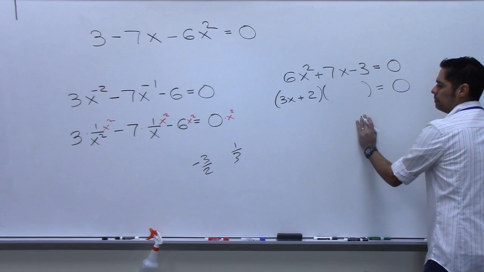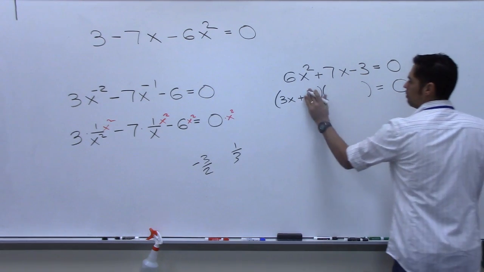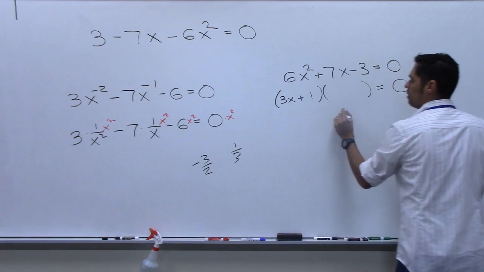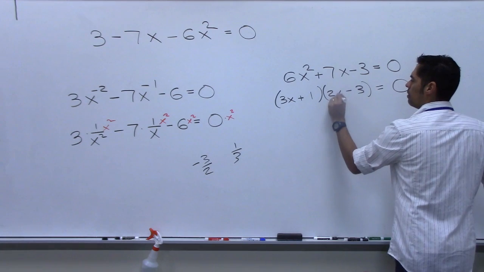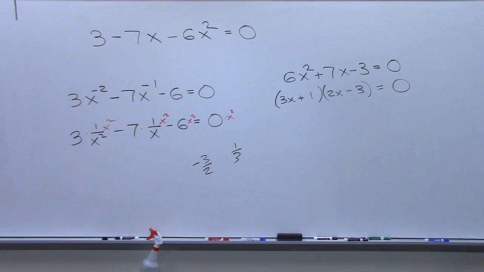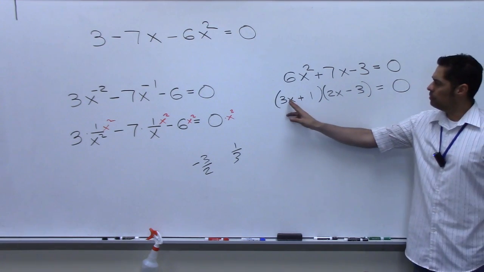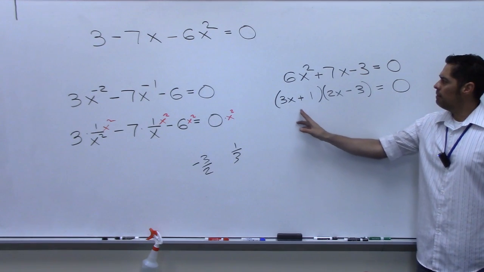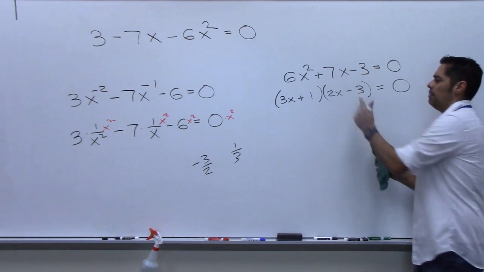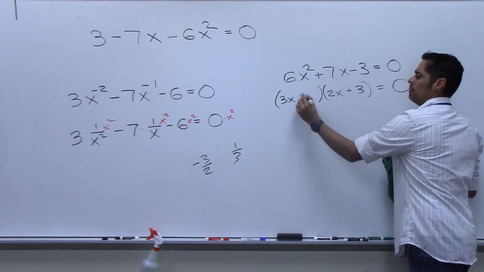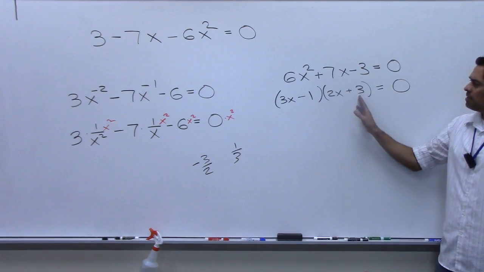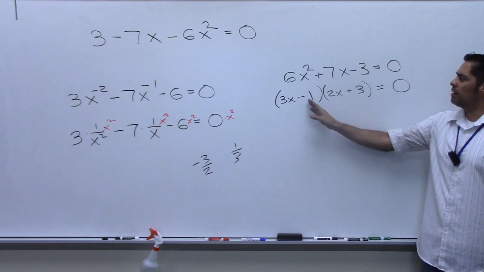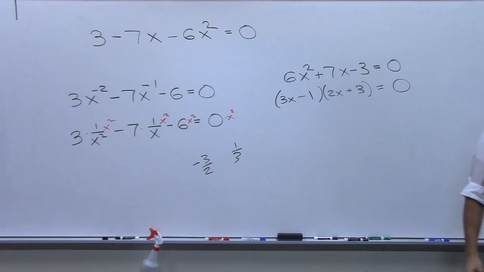Something ain't right here. No, hold on, and then here, 3. Is that it? So 6x squared minus 9, plus here, minus here. Okay, so 6x squared plus 9x minus 2x minus 3, that would work.